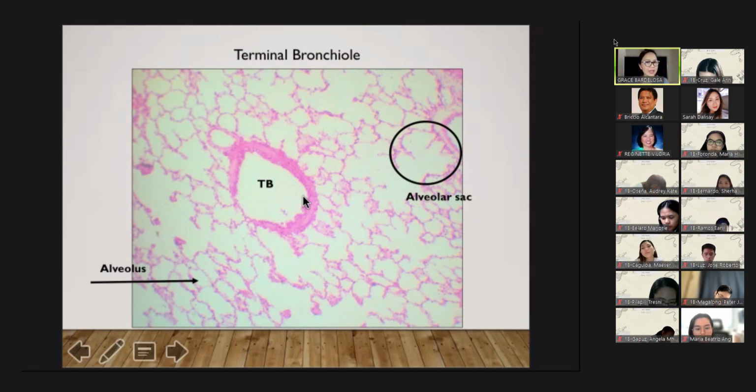And I can guess that you know what these non-ciliated columnar cells are. You call them the exocrine bronchiolar cells, also known as club cells, formerly called the Clara cells.